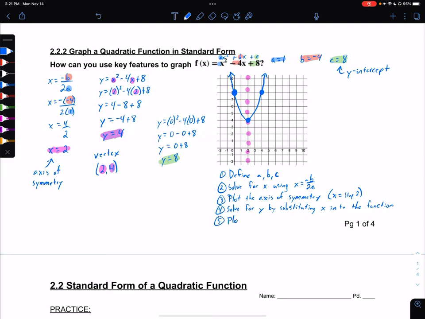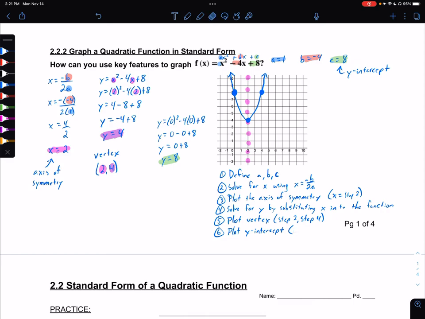You then plot your vertex, which you found from step 2 and step 4. Then plot the y-intercept, which is c.